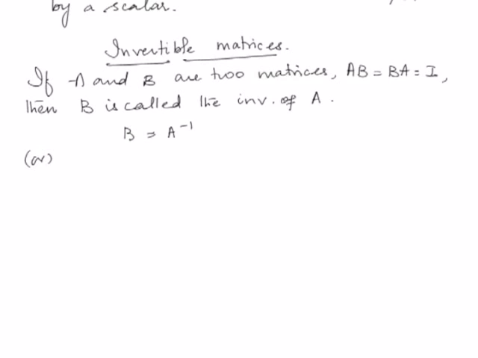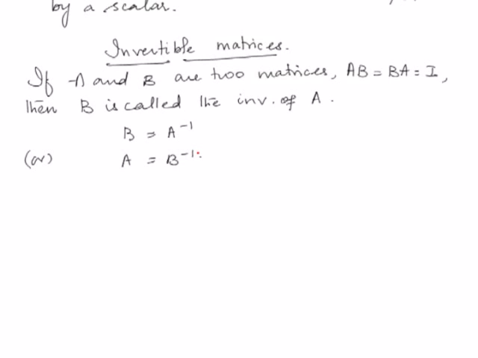Since BA is equal to I, we say B is called the A inverse. Now, if I arrive at AB is equal to I, we can say that A is the inverse of B. So, we can write A is equal to B inverse.